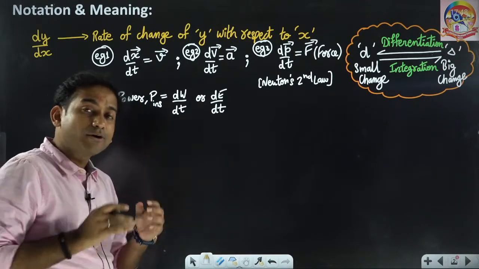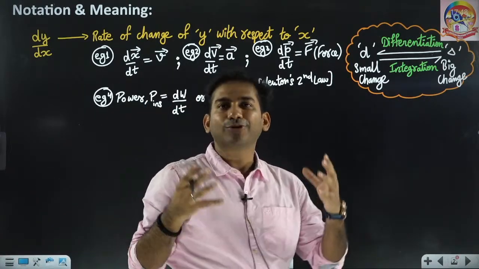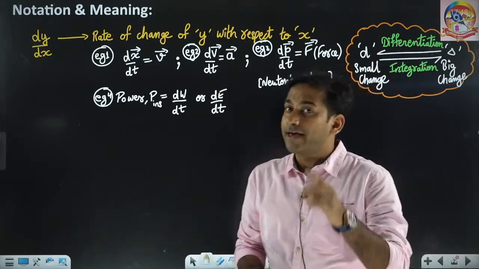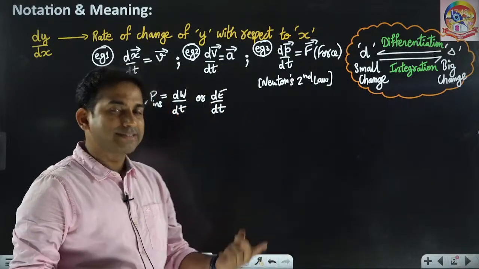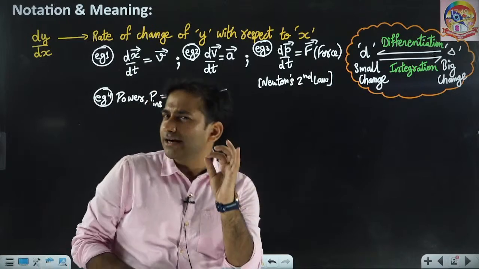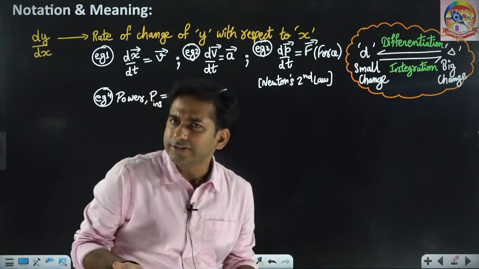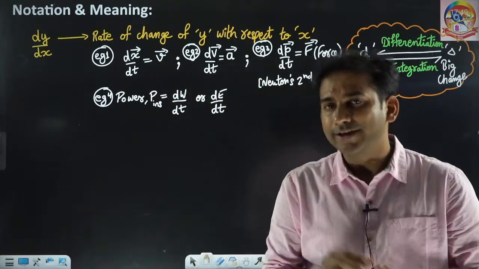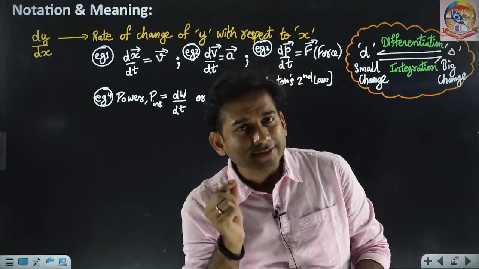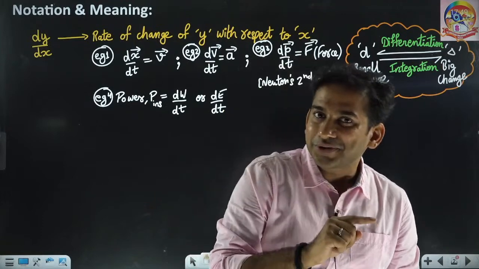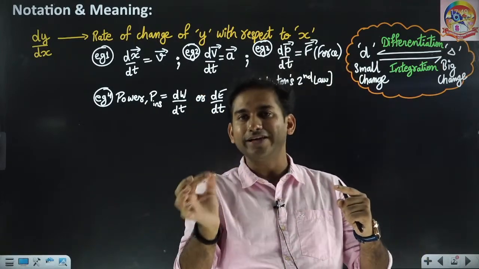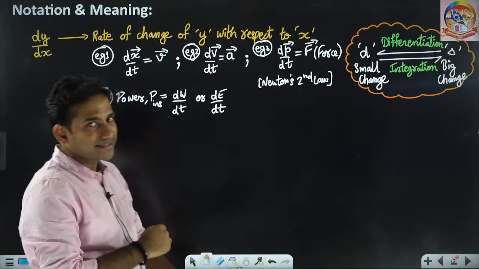So if you are talking about a big change, big changes will give you average values. And small changes will give you values for that moment. It is quite obvious and logical that if you are considering the changes for an instant, then you are going to get the physical quantities for that instant only, and hence they will be known as instantaneous.